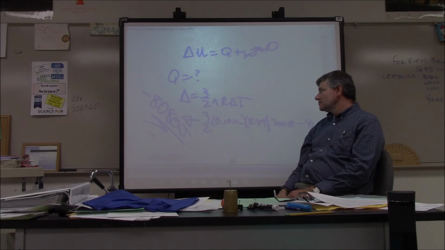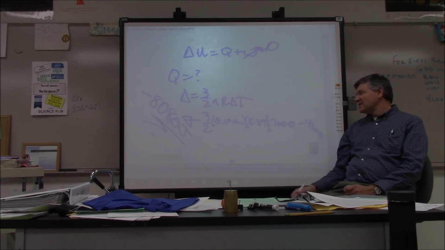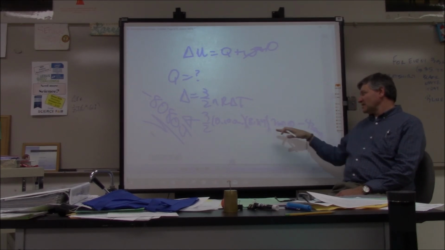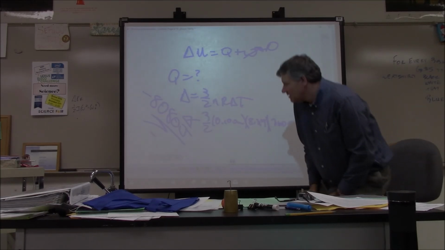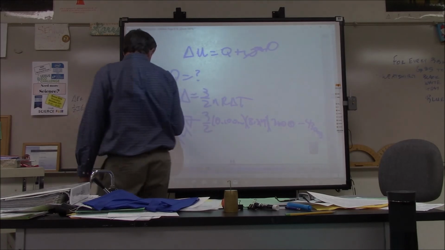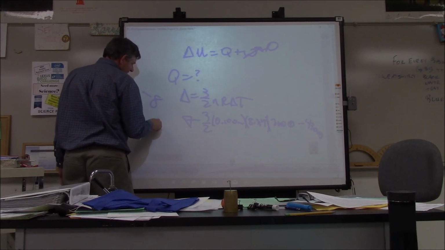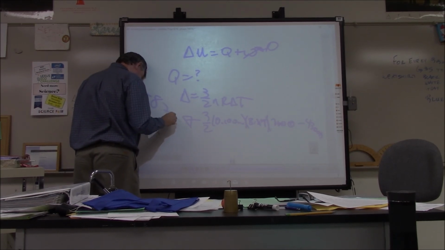I got negative 873. So you got 3/2 times 0.1 times 8.314 times 3,600 minus 4,300. Yeah, and I got negative 873. 873, not 8,073. Yep, that's right. Negative 873.